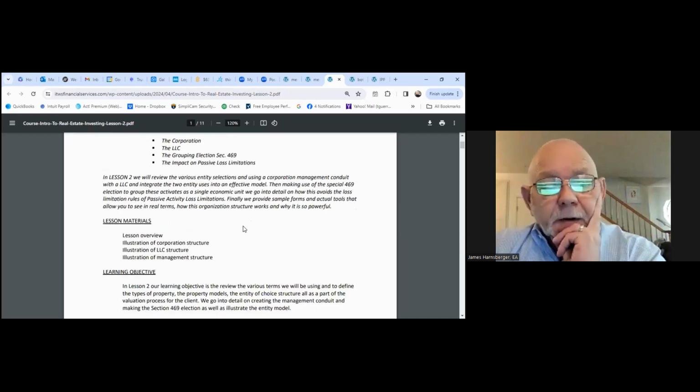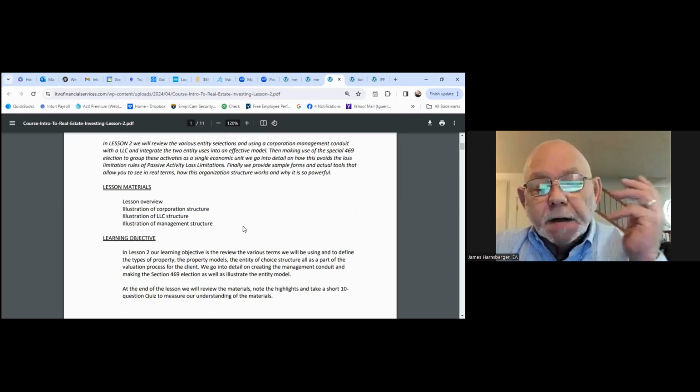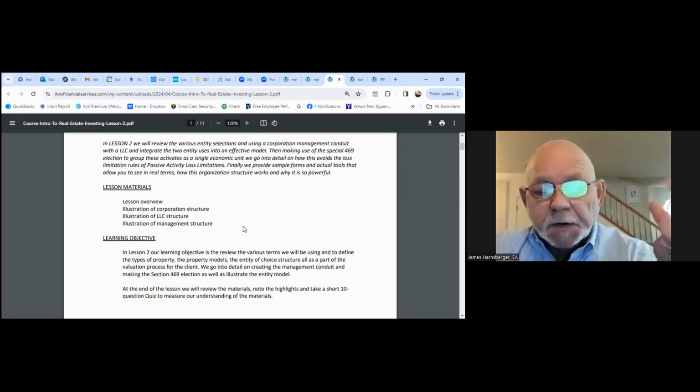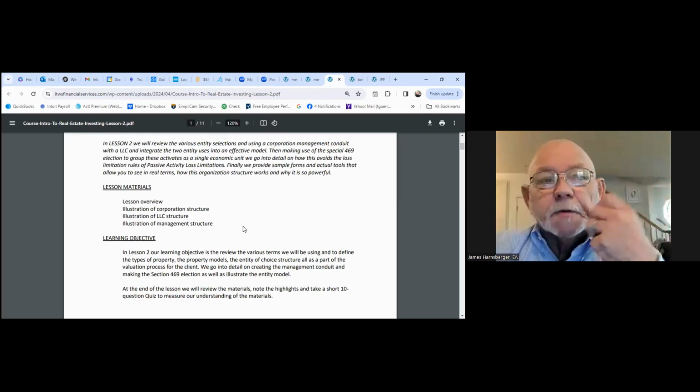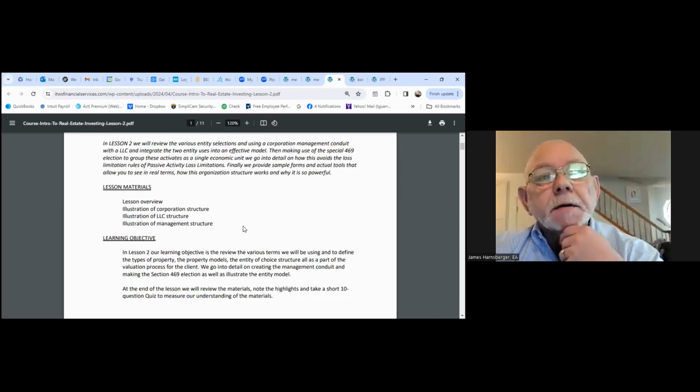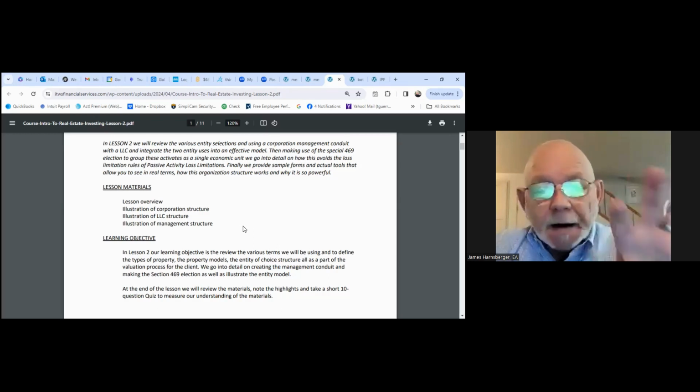So let's jump into the basic overview of the illustration of the different structures. The management structure, which is the one that we prefer. I think I've been using this particular structure with clients for at least 20 years. It's not a new concept. It's very well established.